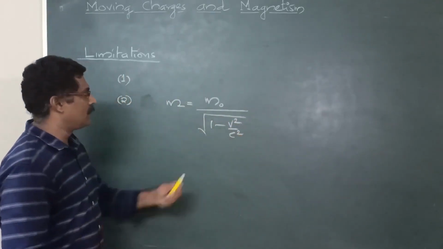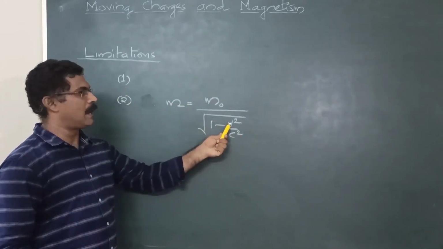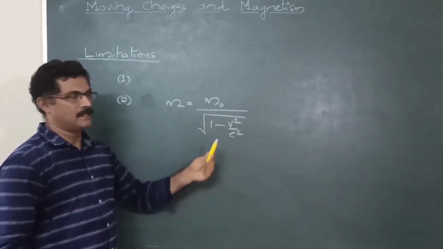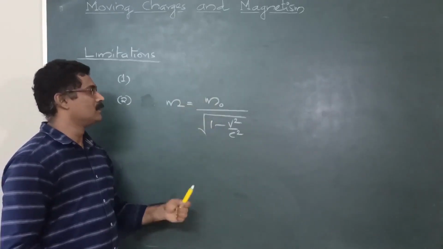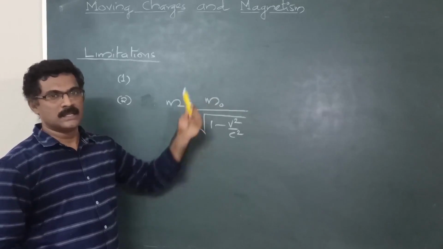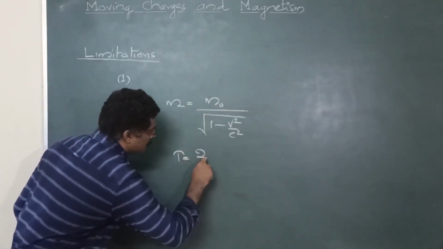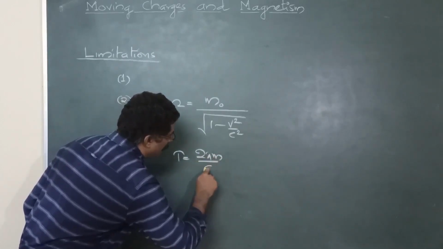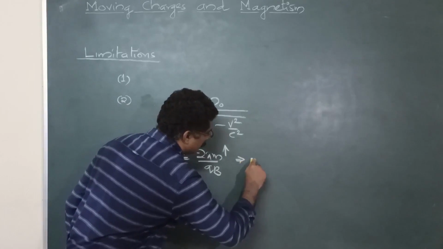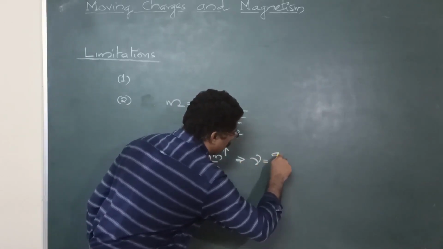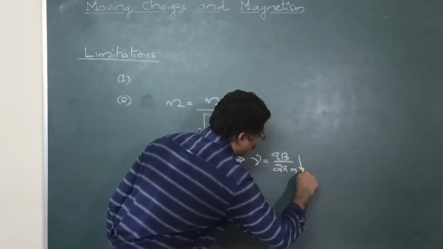According to this relation, mass is not a constant when the velocity is comparable to the velocity of light. And when the velocity increases, the mass also increases. The time period T equal to 2 pi m divided by qB increases, and the cyclotron frequency qB divided by 2 pi m decreases.